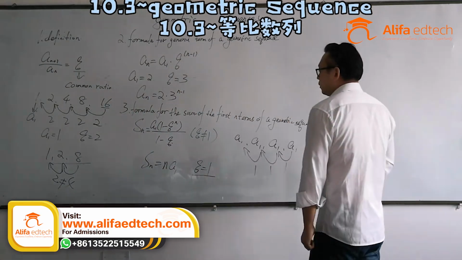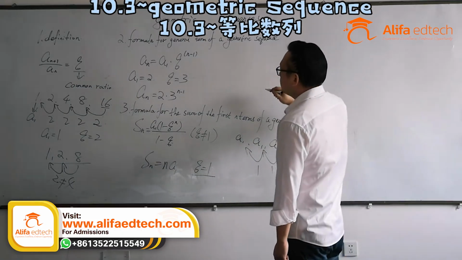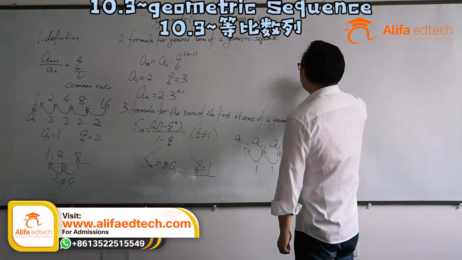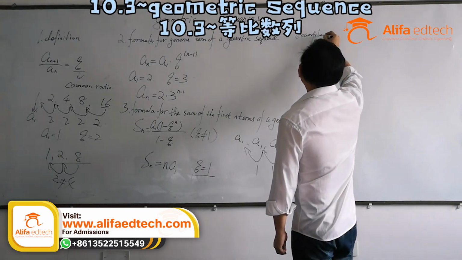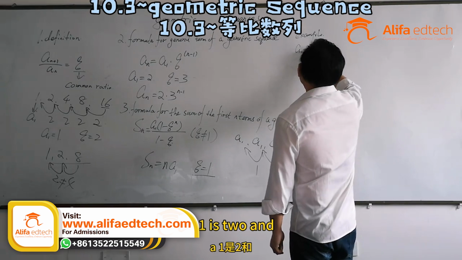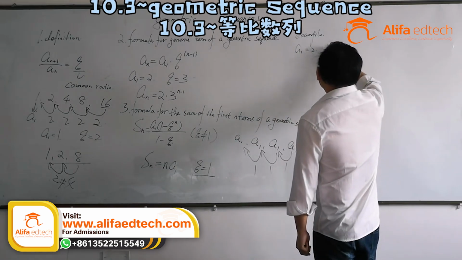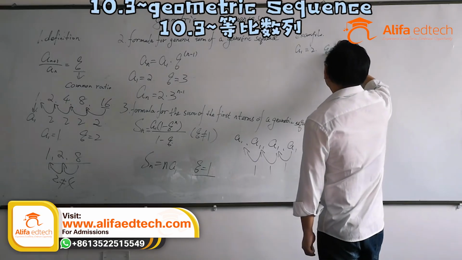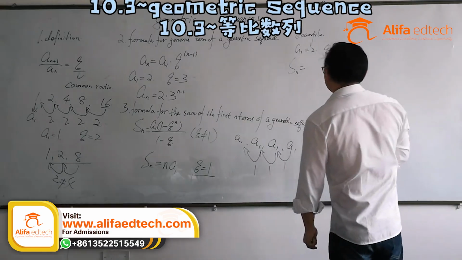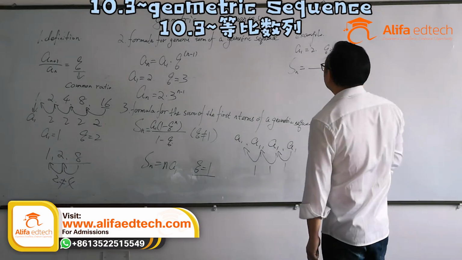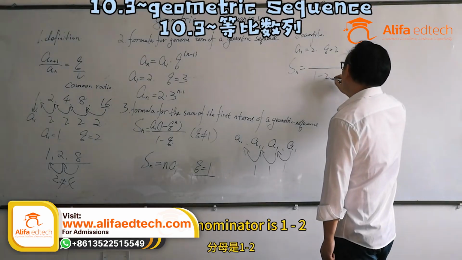For example, if we know a1 is 2 and common ratio is 2, so Sn equals: denominator is 1 minus 2.